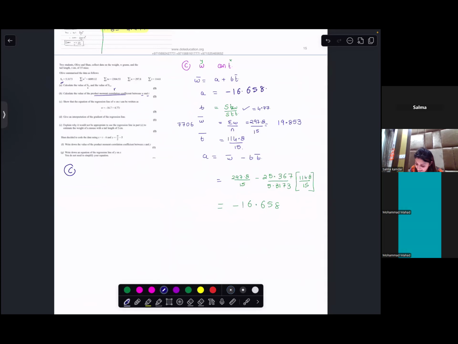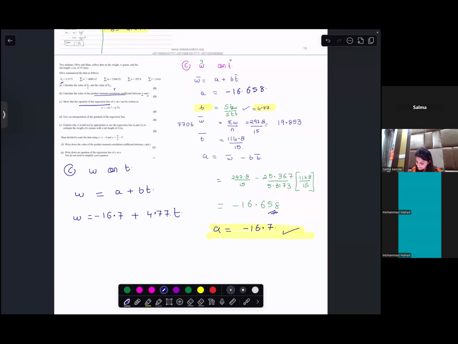So for my C part, where I have to give the equation of the regression line, W on T, it is going to be W is equal to A plus B T. My W is equal to minus 16.7, A is minus 16.658, which can be written as minus 16.7, plus B. I got my B as 4.77T.